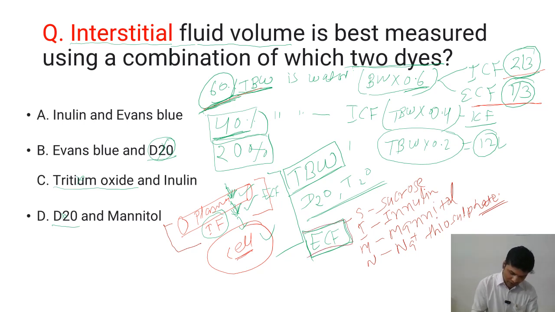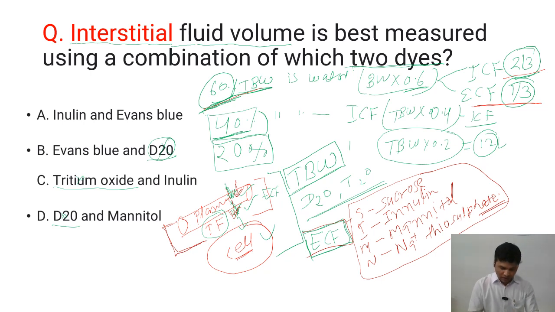Means if you inject any of these dyes in the blood, it will easily go into the interstitial fluid, easily distributed in these two compartments. And the third compartment is plasma. If you want to calculate plasma volume, then we have to inject a dye which cannot cross this membrane.